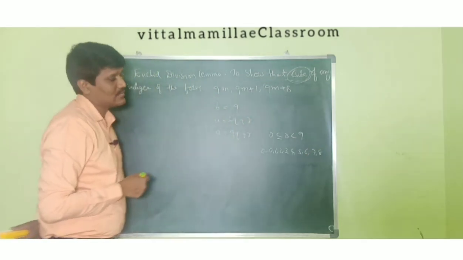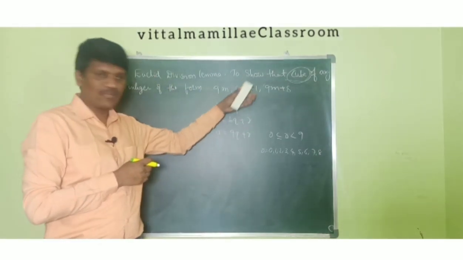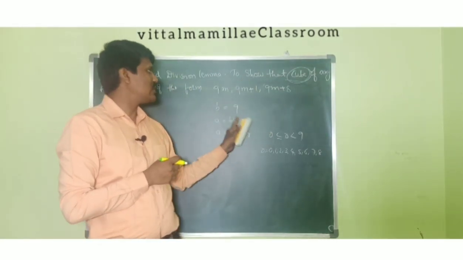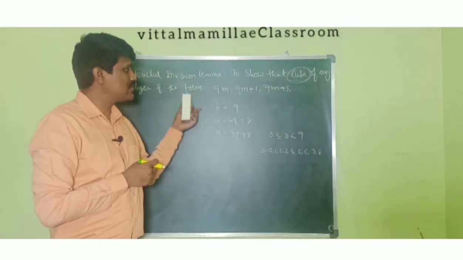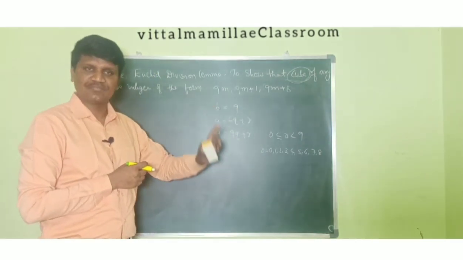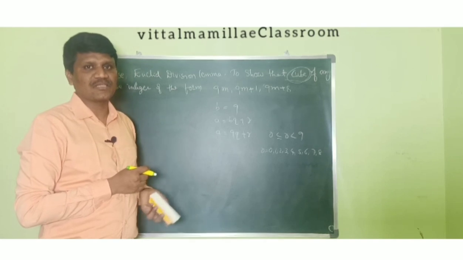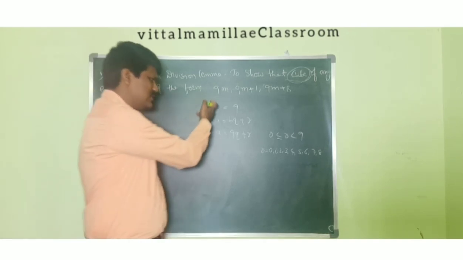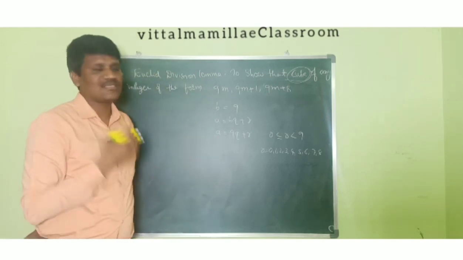In total, there should be 9 cases. Actually, in the general problem, all remaining problems, you should take it like this only. If 9m is there, r should take 9 values. If 7m is there, r should take 7 values. If 8m is there, r should take 8 values. But this problem we can solve by a shortcut method also. You can solve it this way also, but only this particular problem has a shortcut.